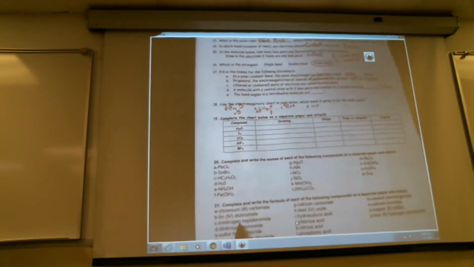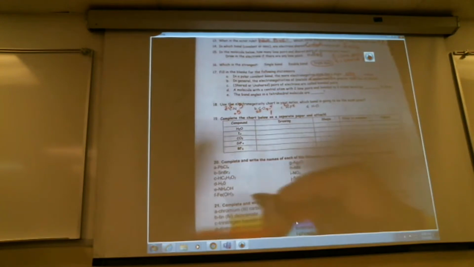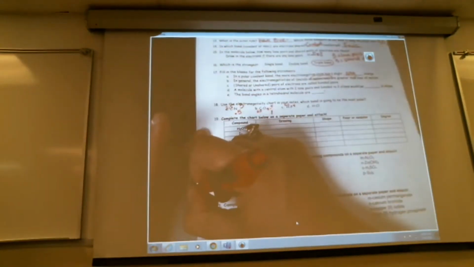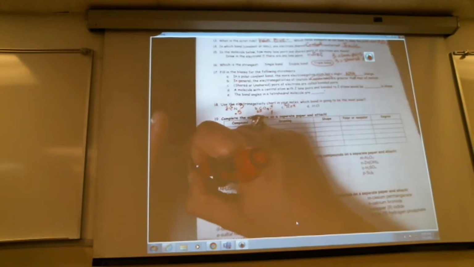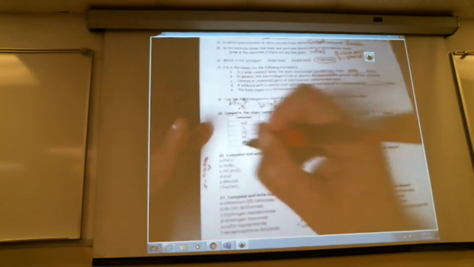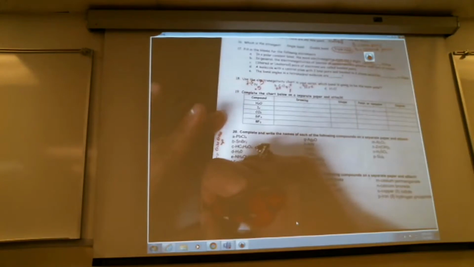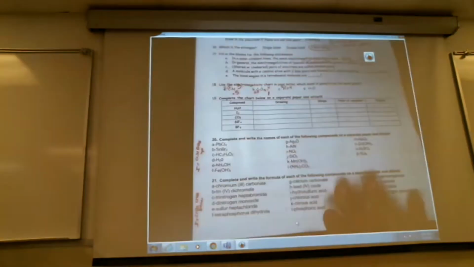Here is when we need to crisscross down. So that might be helpful. I'm going to put ionic, I'm going to put I, crisscross up. I'm going to put an I, and you're good to go.